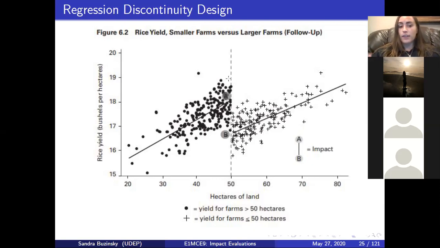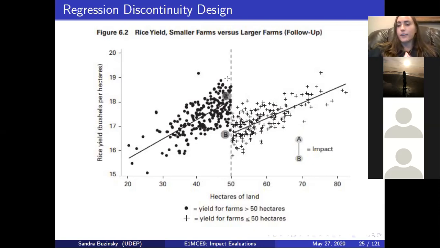From this estimate A minus B, can we find the average treatment effect for all farms? Yes, one yes. Everyone agree yes? No, I'm not sure.